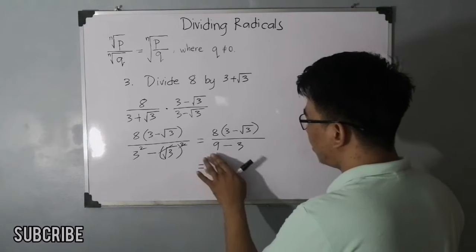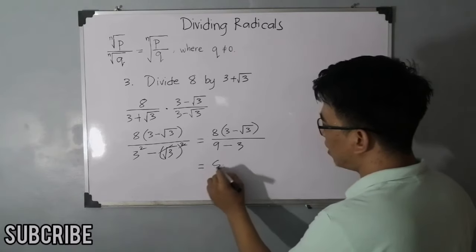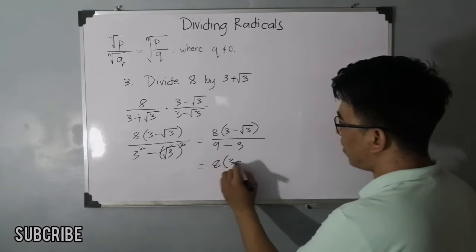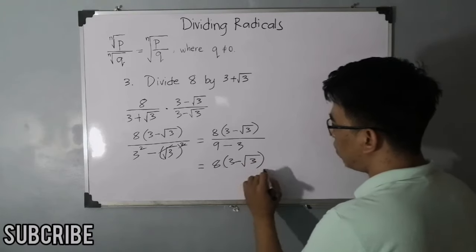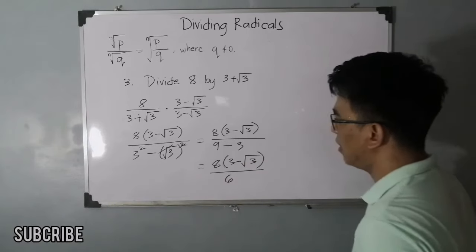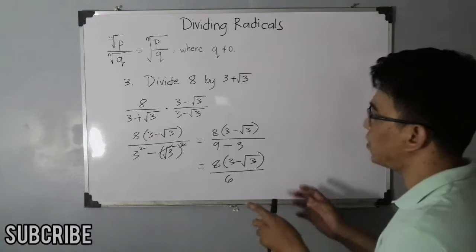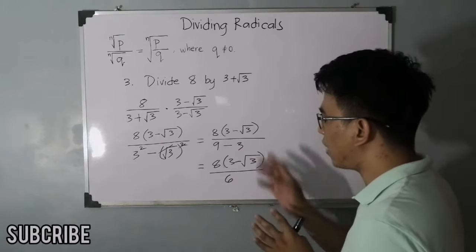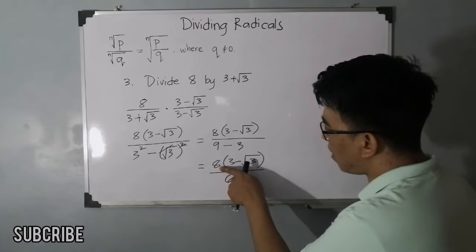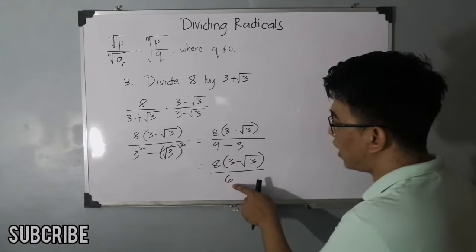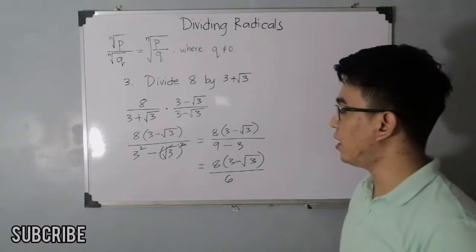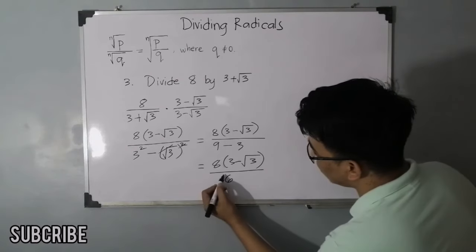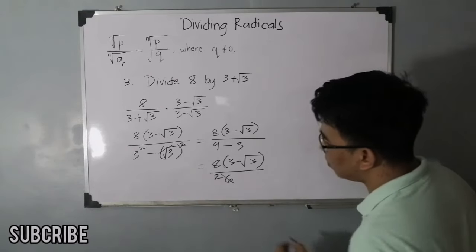You have 8 times 3 minus the square root of 3 over 6. Kasi niya may over 6 tayo. Ito yung purpose bakit di ko muna multiply or sinisimplify directly yung numerator natin. As you can see, meron tayo ditong 8 over 6, wherein meron silang greatest common factor na 2. So we can cancel out this one, magiging 2.